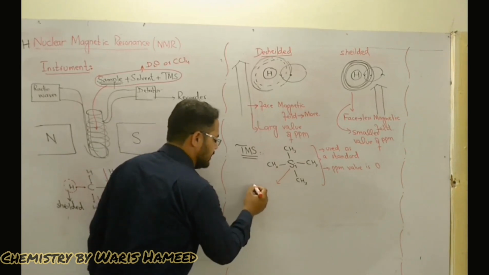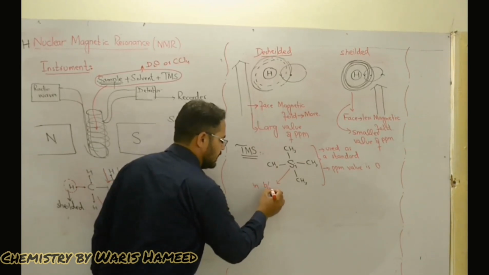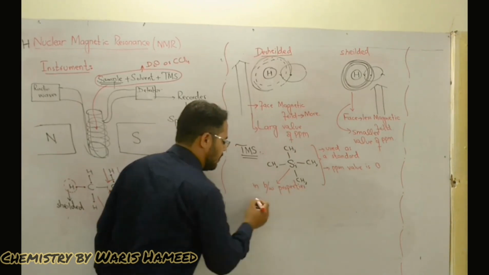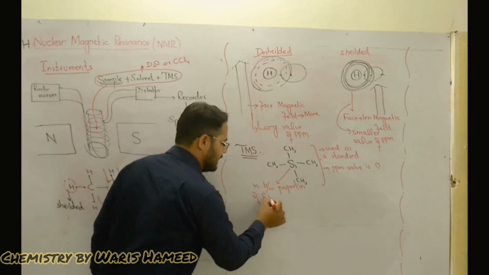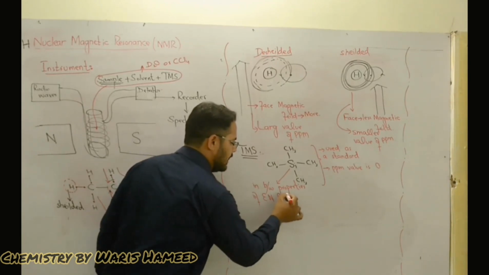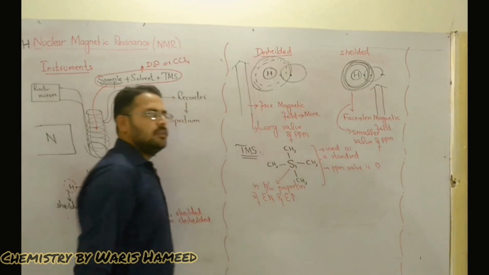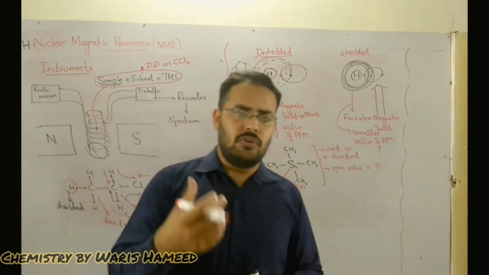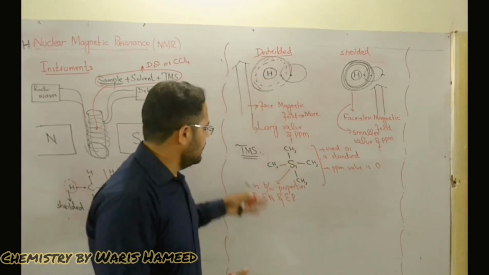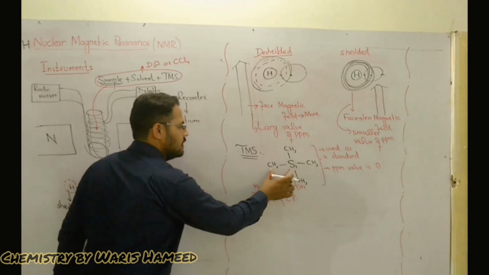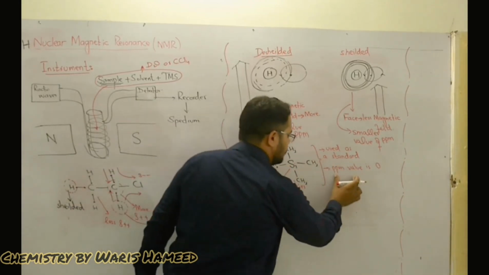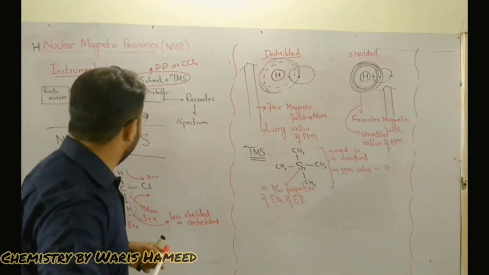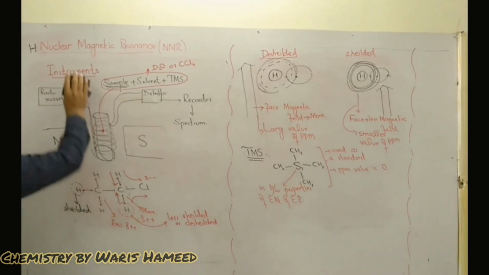It shows in-between properties of electronegative elements and electropositive elements. So the carbon and hydrogen have the actual amount of electrons as they should. So in this case, the value of ppm will be 0. Now graph.